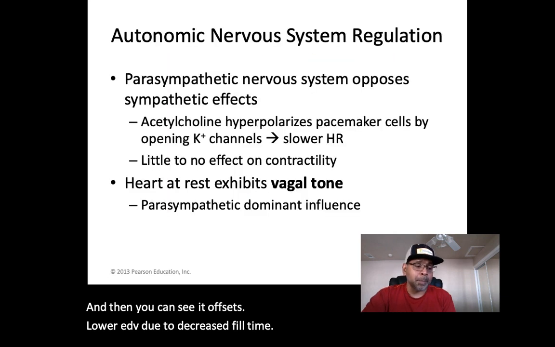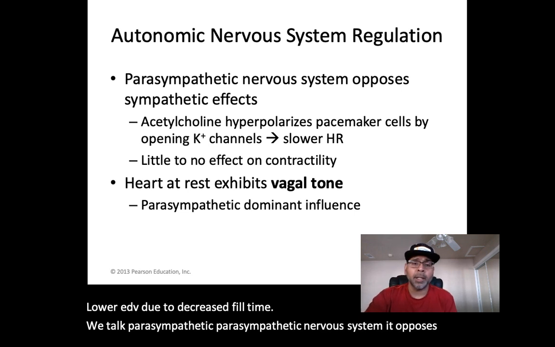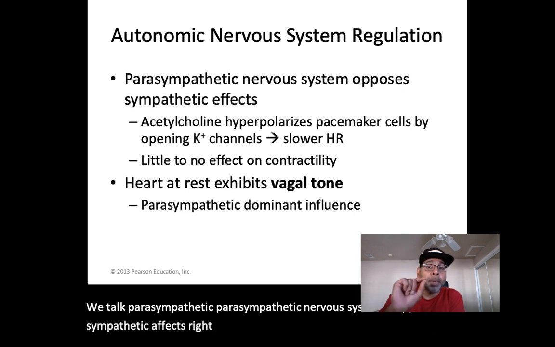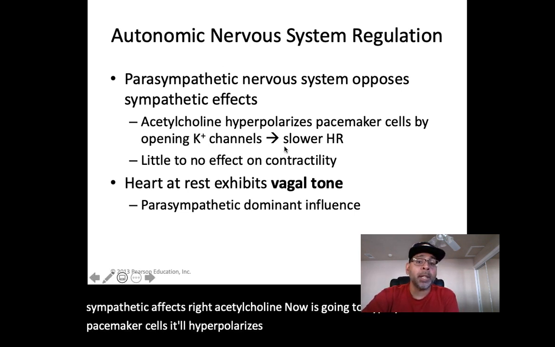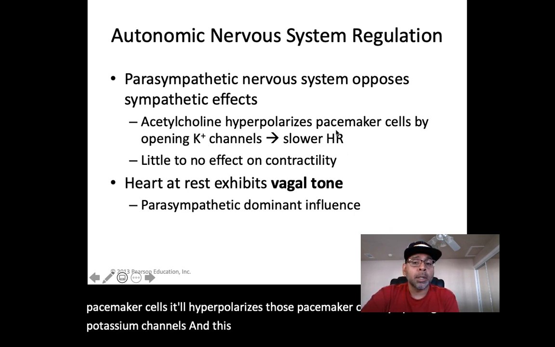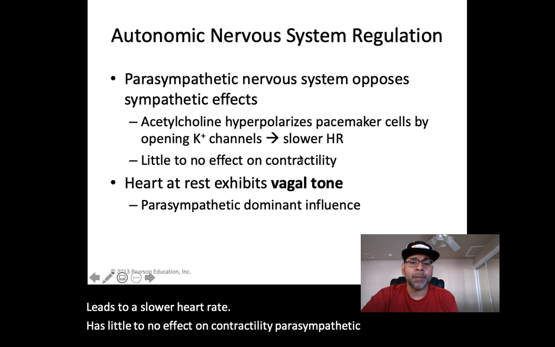When we talk parasympathetic nervous system, it opposes the sympathetic effects. Acetylcholine is going to hyperpolarize the pacemaker cells by opening potassium channels, and this leads to a slower heart rate. The parasympathetic nervous system has little to no effect on contractility.